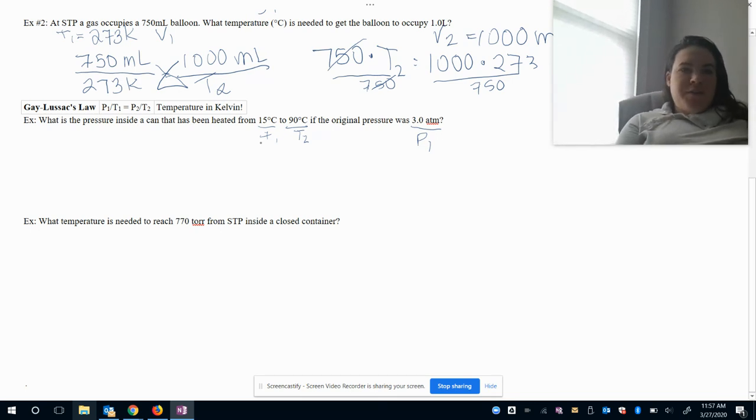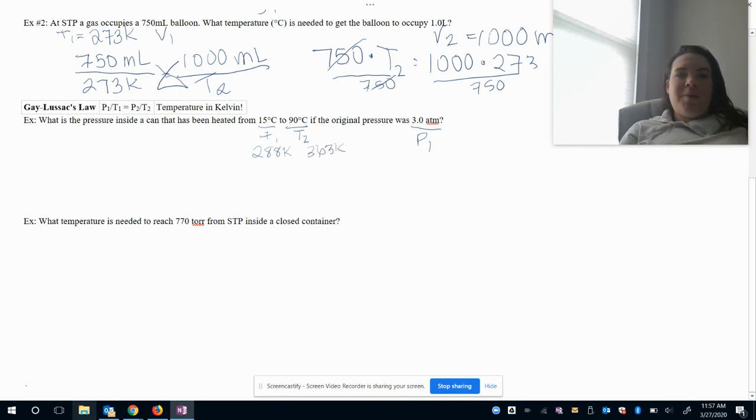So 15 plus 273 gives you 288 Kelvin. And 90 plus 273 gives you 363 Kelvin. So these will be the numbers we plug in. So it's going to be pressure 1 divided by temperature 1 equals pressure 2 divided by temperature 2.